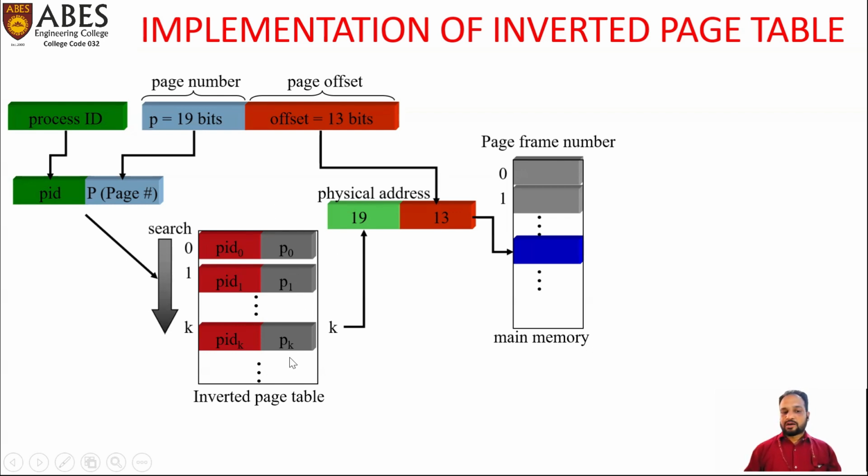On that basis, we fetch the particular table entry. Then we combine that entry with the page offset, and collectively it works as the physical address. This is the key referenced for the main memory, which will fetch the required frame number.